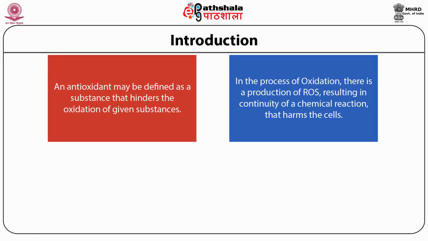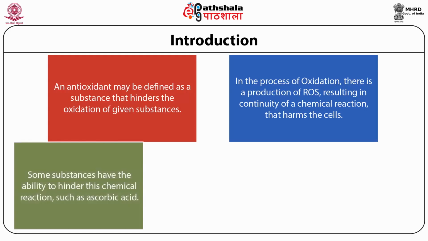This results in a continuity of chemical reactions during the propagation phase, which ultimately harms the body cells. Some substances, such as ascorbic acid, have the ability to hinder this chemical reaction and its propagation phase. These substances are known as antioxidants.